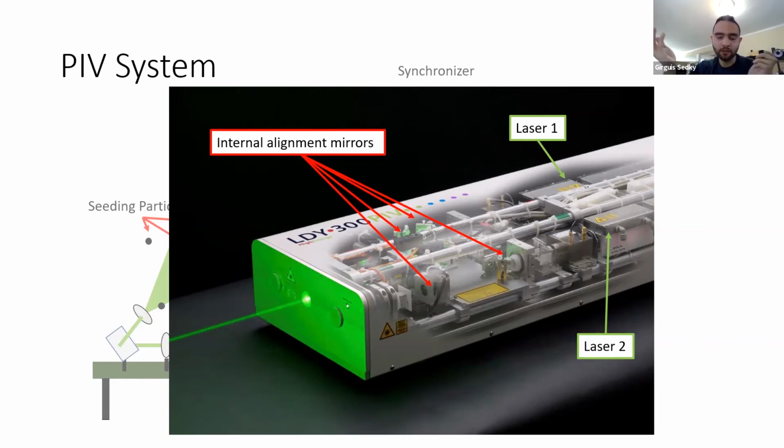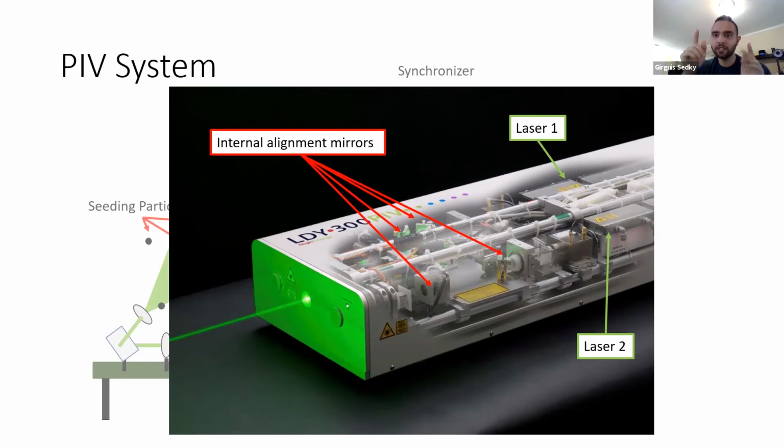hertz pulsing frequency? Then you can use two lasers instead of one, so that you can fire the two lasers slightly out of phase to get the delta T that you'd like between the two lasers to get good correlations.